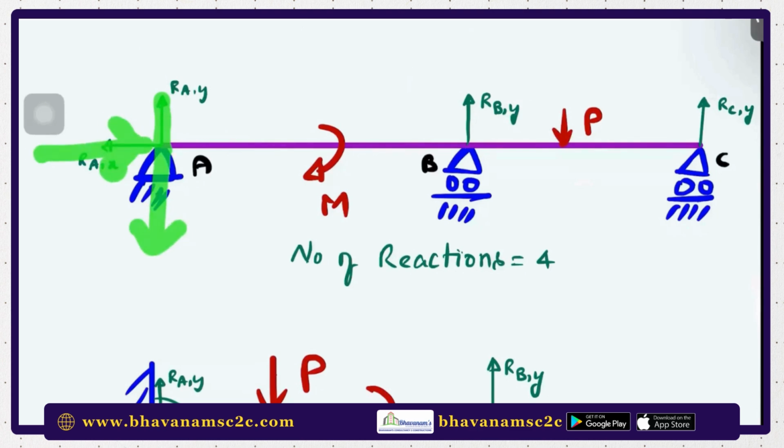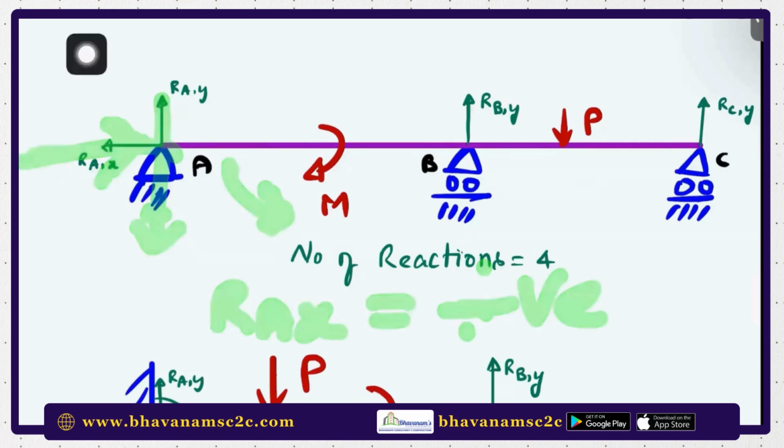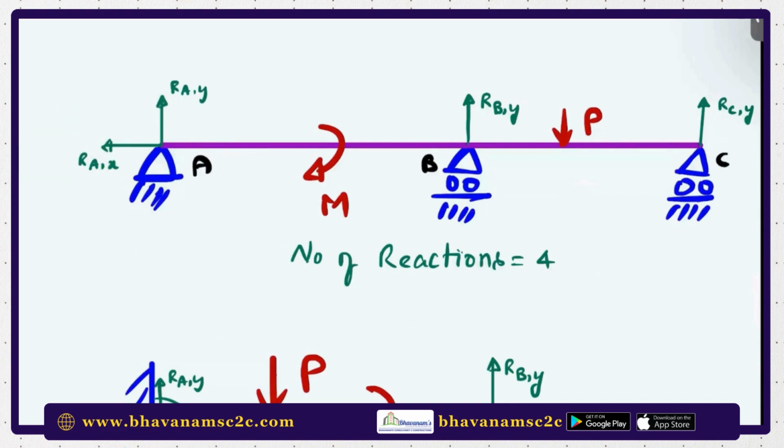And finally, after the analysis using the equilibrium equations, suppose you get the reaction at A in the x direction as negative, then it means that whatever direction you assumed is wrong. It is simply opposite to the direction you assumed. That is a conclusion you will get during the calculation. So don't worry about the directions, but it will be either this side or this side, along this axis and this along this axis anyway.